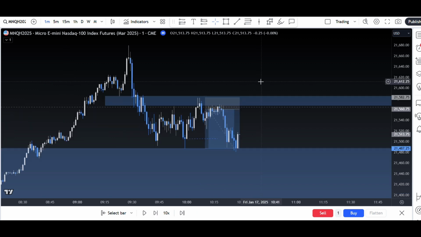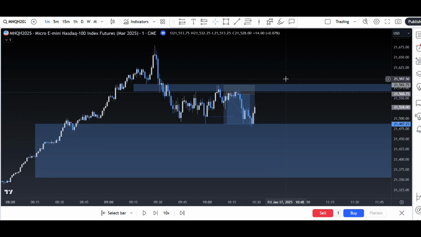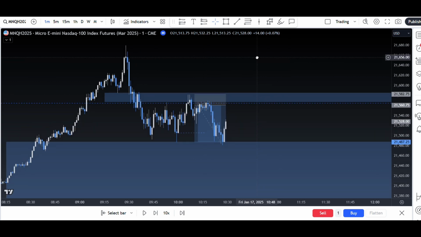There you go. So essentially what you're always looking for is a bias. Our bias was to the downside, targeting this 1 hour area. Once we have our bias, we want price to come into an area of interest to rebound off of.